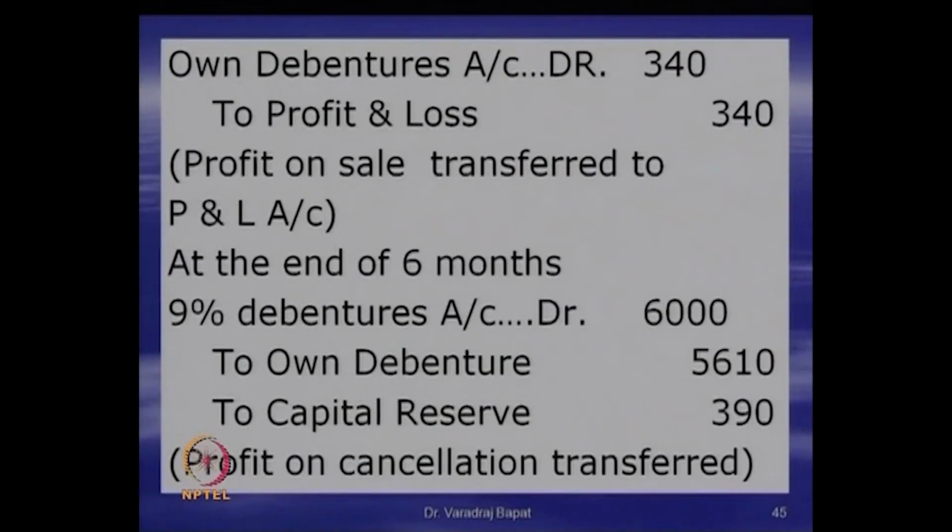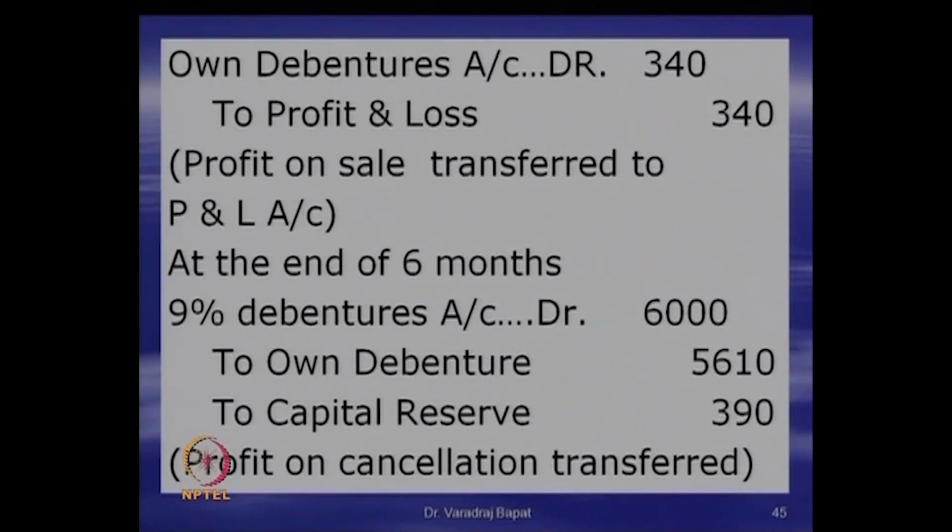Now, here we have earned some profit and that profit is 340 rupees. So, own debenture account debit 340 and we will transfer 340 to profit and loss. Now, how did you calculate this 340? Can you just give a thought? You can see we have sold 40 debentures.